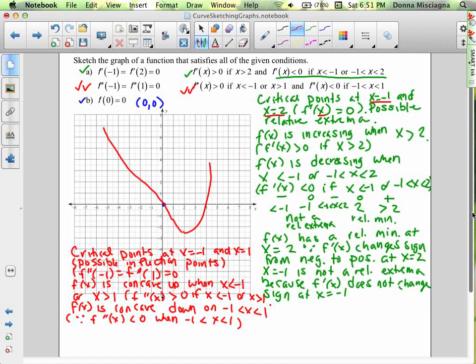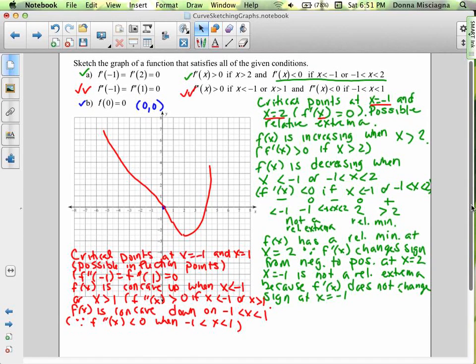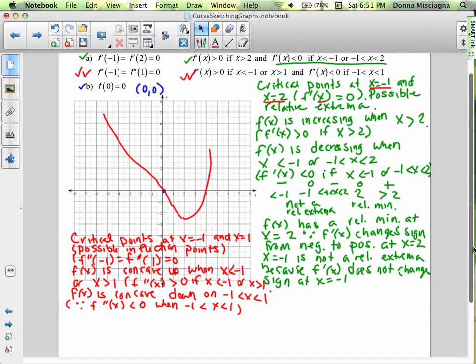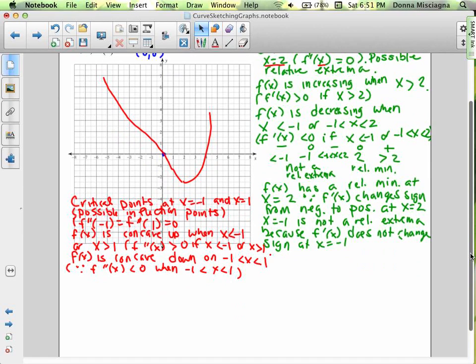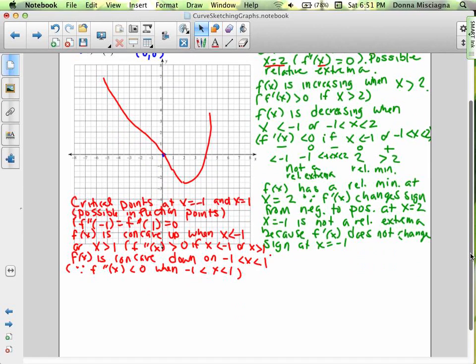All right, so let's do a little sign chart here. The critical points were -1 and 1. There's more space on the computer screen than on the actual smartboard, but I think we have the information already written down, so it's okay.